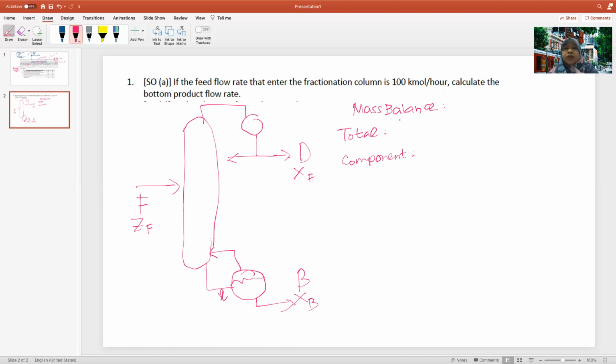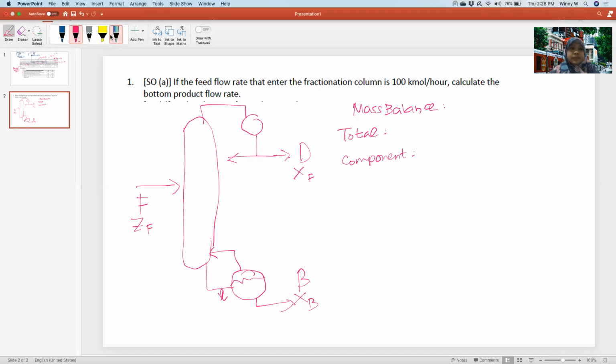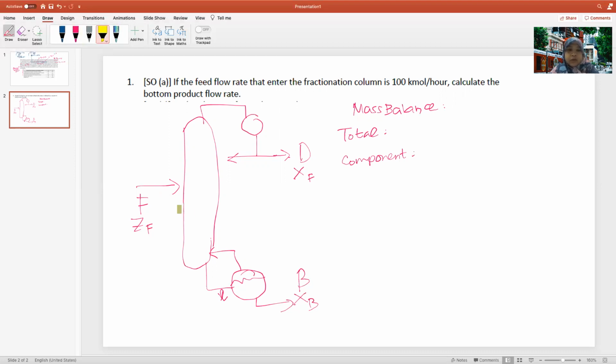Okay, for the total, can you tell me what is the total mass balance? You can use this envelope. What is the total mass balance? F equals D plus B. Yeah, good.